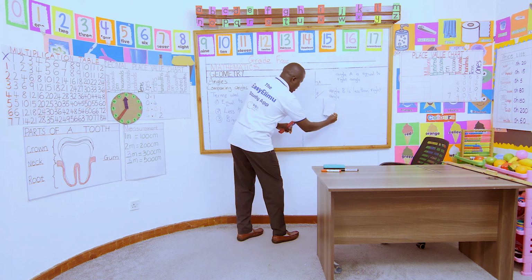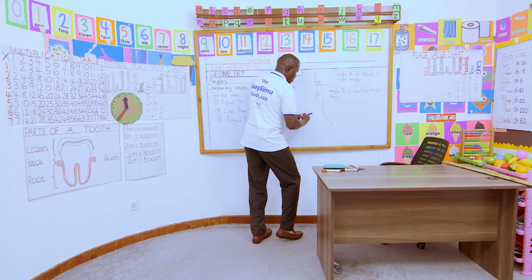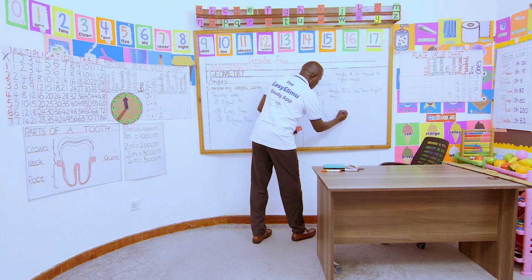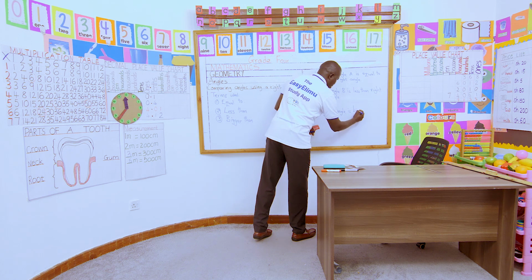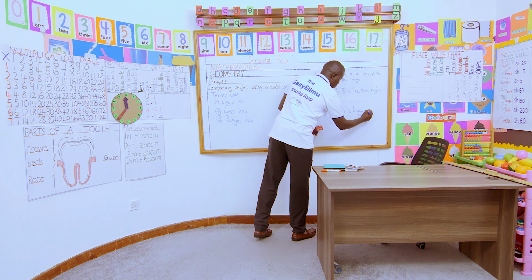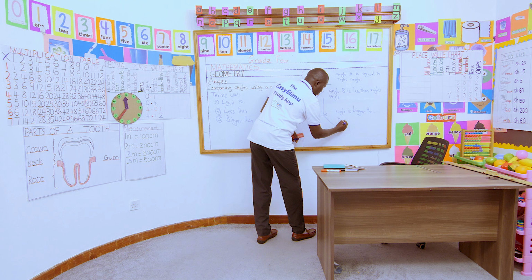So, we trace it again here, and we see angle C is bigger than right angle.